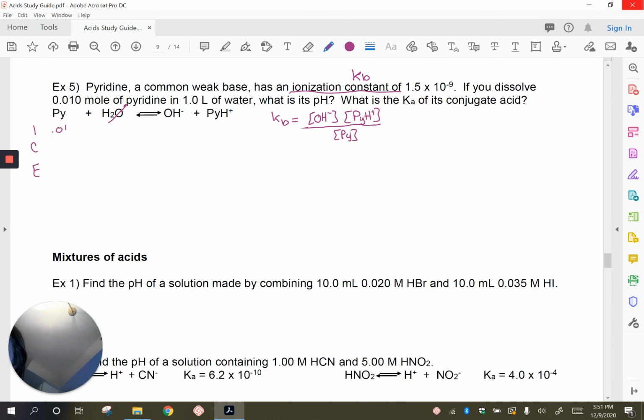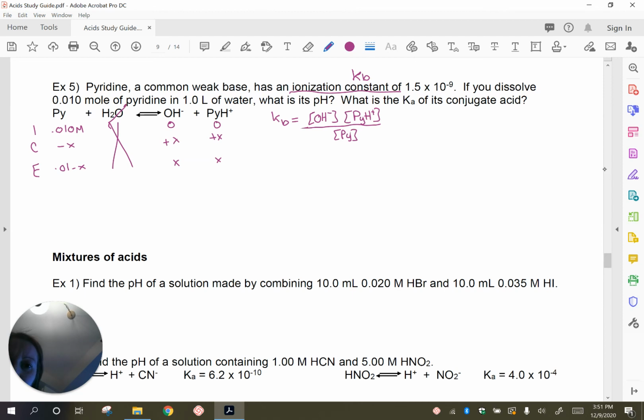So this is my initial molarity. Don't care about water, right? And this is 0 and 0. This is minus x, plus x, and plus x. So 0.01 minus x, x, and x.